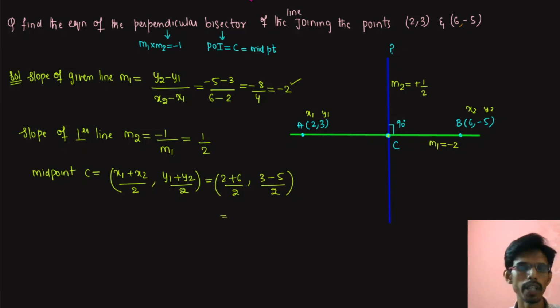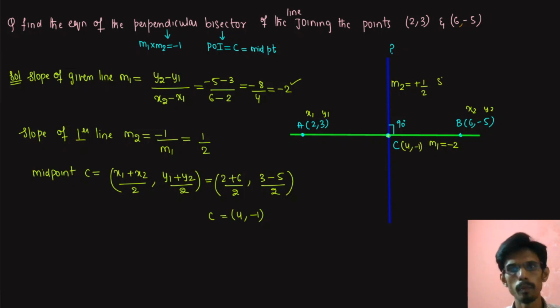So we have 8/2, that will be 4, and -2/2, that will be -1. Okay, this is C. Now here we got this C value (4, -1).